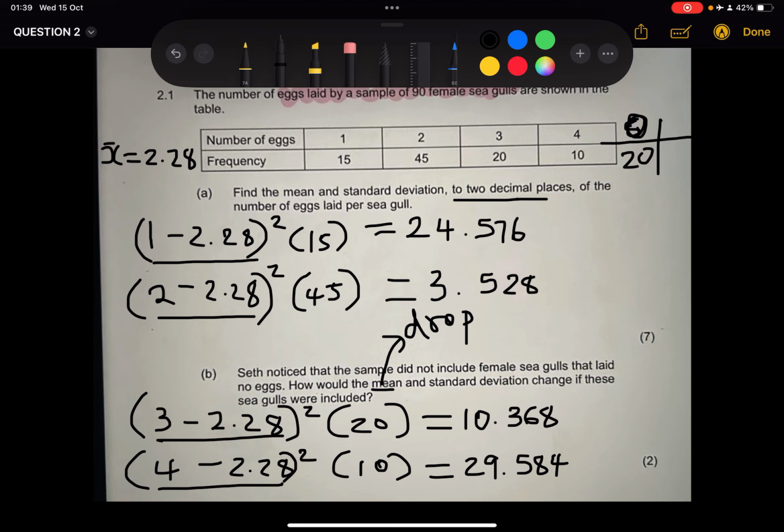The frequency will increase, but the sum will stay the same. And if the mean drops, the deviations get bigger because we are subtracting a smaller mean. So these values are going to drastically increase, automatically increasing the variance, hence the standard deviation.